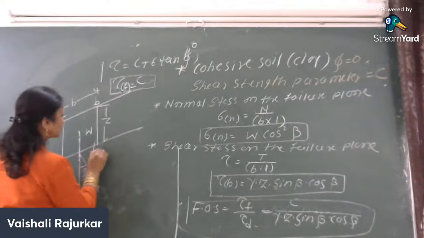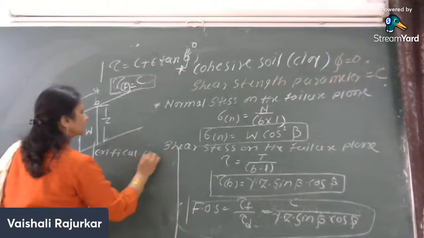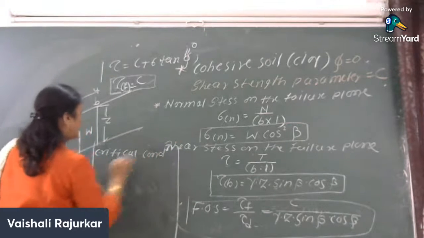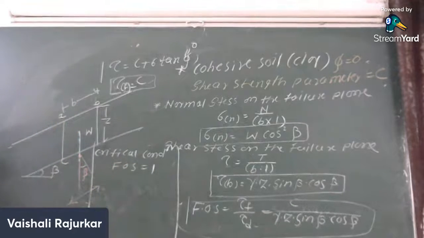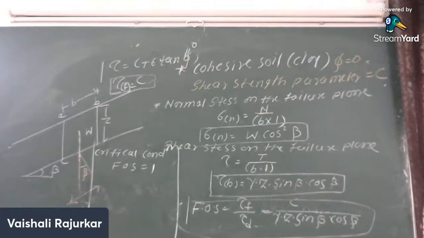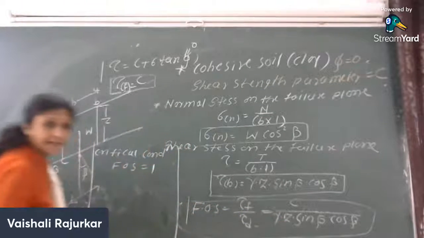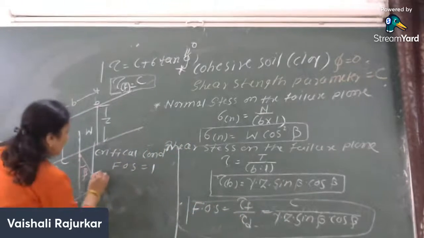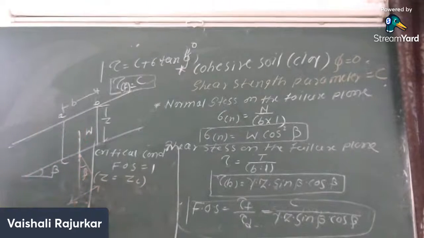Therefore, for the critical condition, where factor of safety is equal to 1, Z becomes ZC, that is the critical depth.